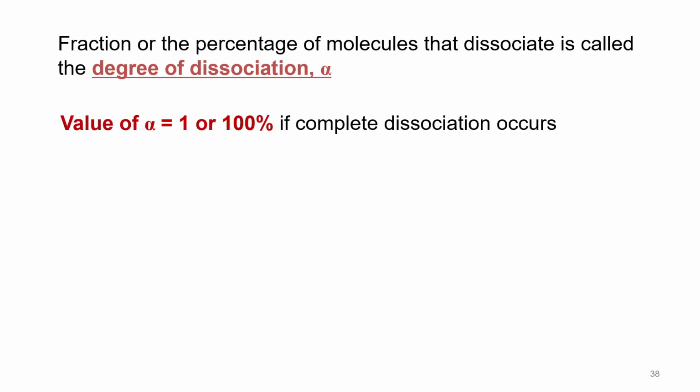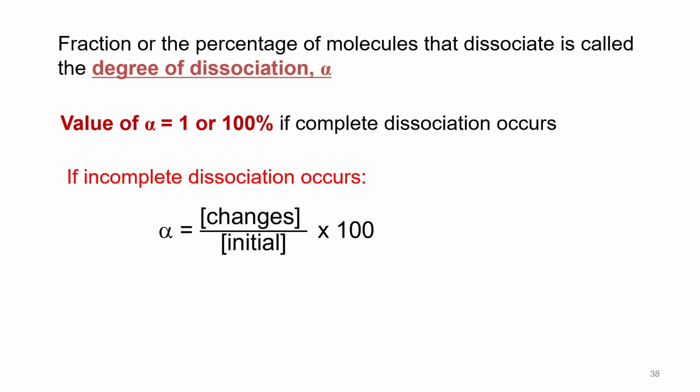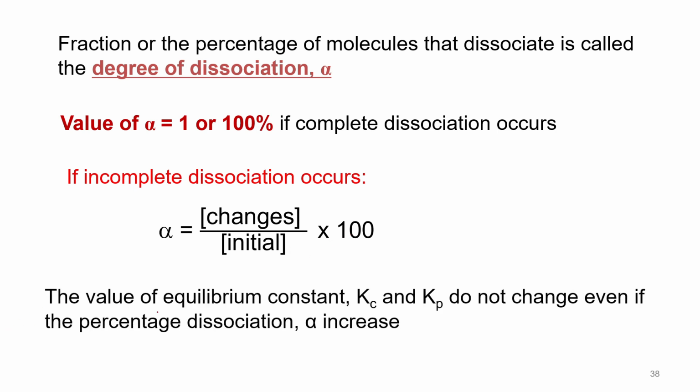Value of alpha equal to 1 ataupun 100% sekiranya complete dissociation occurs. Kalau incomplete dissociation occurs, okay, penceraian tidak lengkap, alpha is equal to changes over initial, okay, changes over initial times 100. Jadi the percentage equilibrium constant Kc and Kp do not change even if the percentage dissociation increase. Jadi nilai Kc dan Kp ni dia tak ada kaitan, dia tidak akan meningkat walaupun percentage dissociation increase.